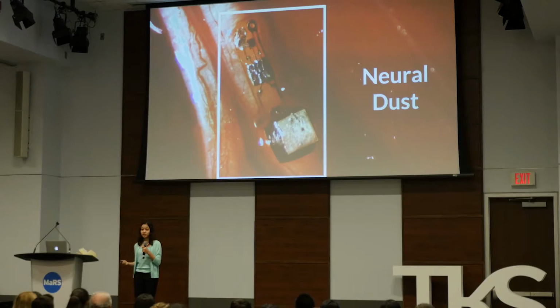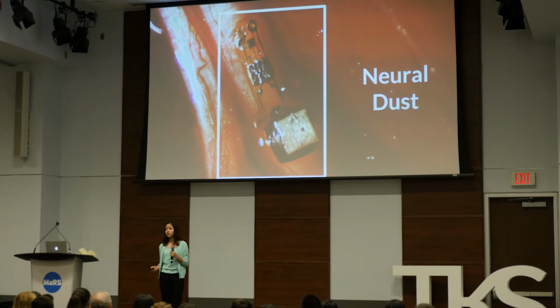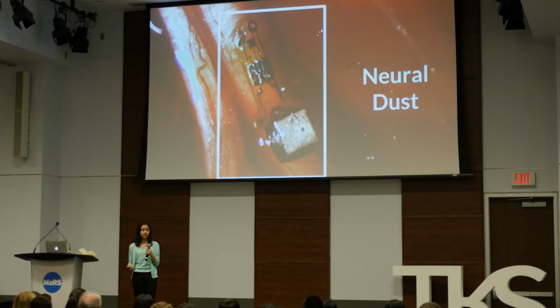Now, one of these technologies is called neural dust. Neural dust is something I'm really excited about because it has been invented very recently by scientists at UC Berkeley, and is probably one of the most precise ways we have to record your brain signals. How neural dust works is that there are two main types. We have active nodes and passive nodes.